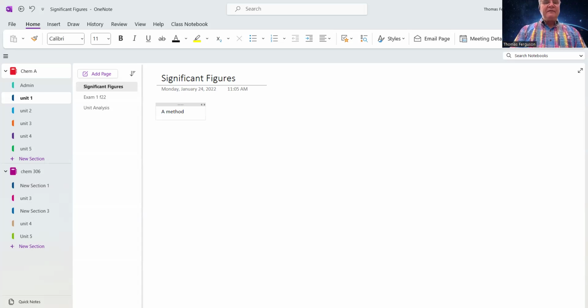Significant figures is a method to determine the precision of the measurement. Remember now, I'm recording all this. It's good to take notes, but I am recording all this.